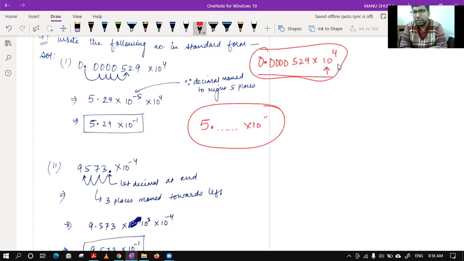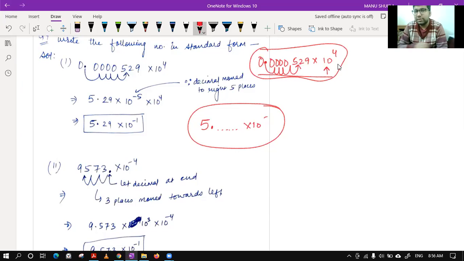The condition is the decimal should be after a non-zero number. So we have to move this decimal to this position. That means we have to jump it from this one position, second position, third, fourth, and fifth.